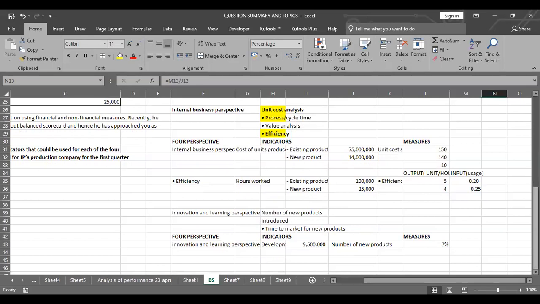A divisional manager? Yes. If you're doing it on a divisional level and you need to check, it may work for some divisions and not for others.